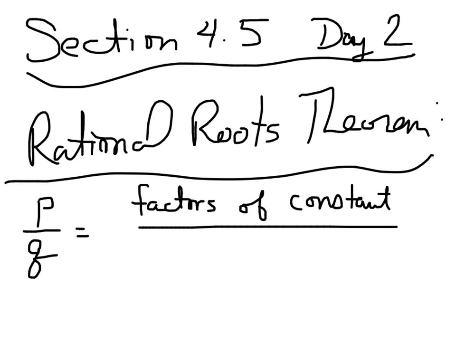What numbers multiply together to give you that number? Not multiples. So like the factors of 2 are 1 and 2, not 2, 4, 6, 8, 10, and so on. Those are multiples. So the first thing you're going to do is list out the factors of the constant, and then you're going to divide it by the factors of the lead coefficient.